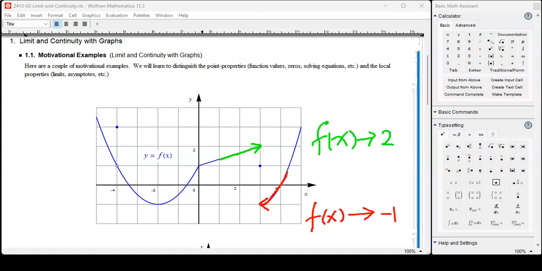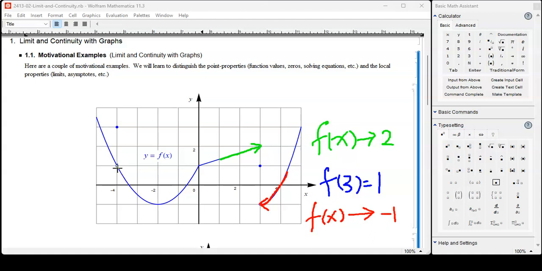Now, if you look at the function value on the other hand, what is f of 3? What's the y coordinate? This dot. You see, in this case, they're all different.